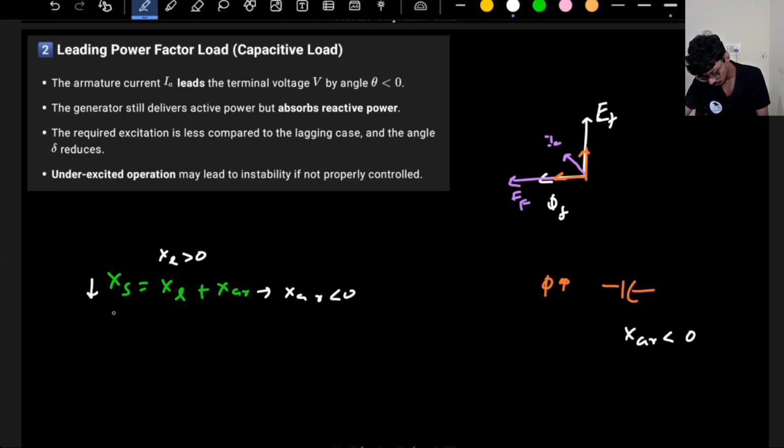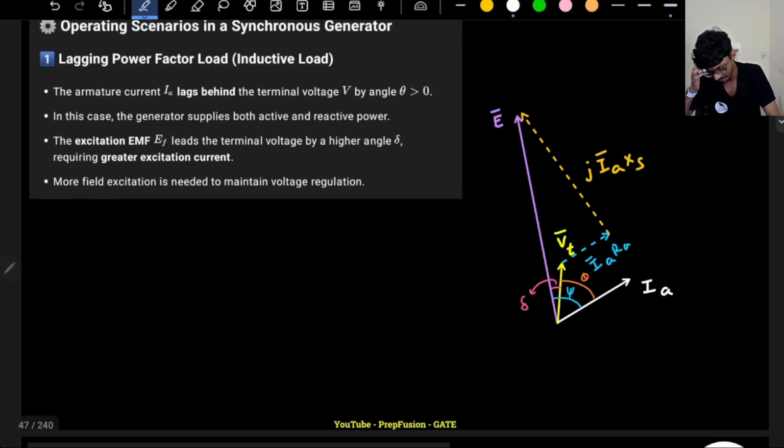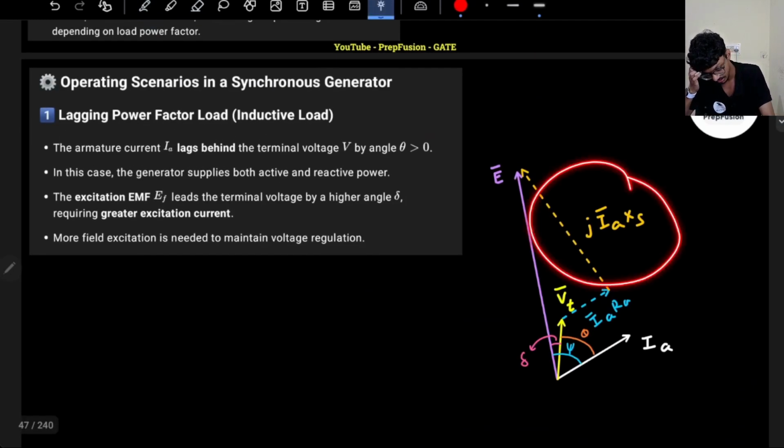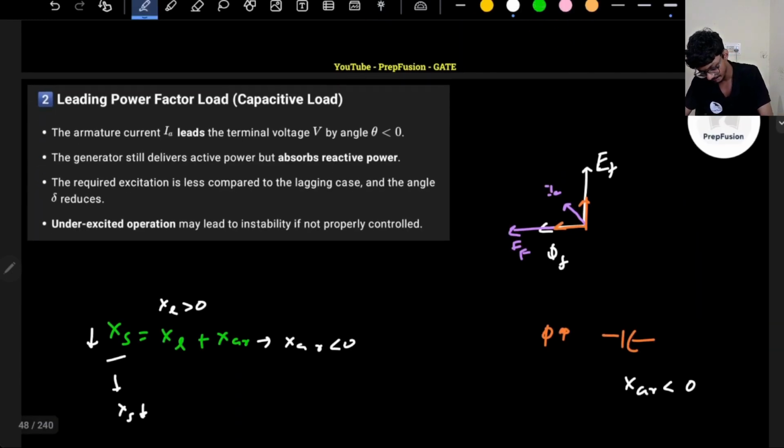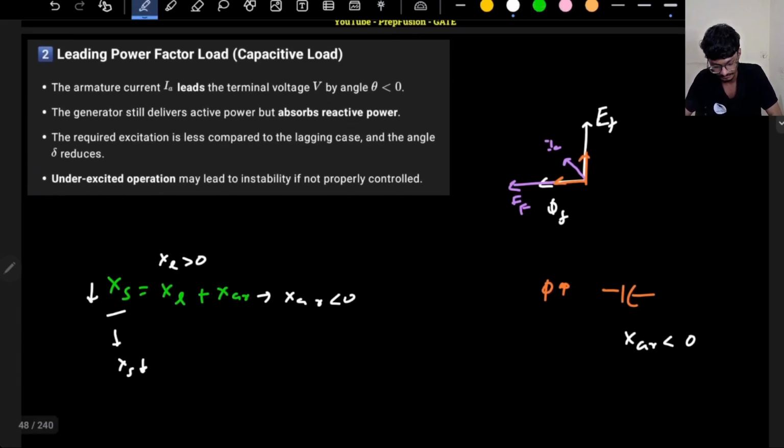Here your synchronous reactance will still be positive, still behaving as inductance only, but it will reduce basically. So the drop will be much smaller. If the drop was much larger before, the drop here will be much smaller. So plus j IA into XS will be much smaller.